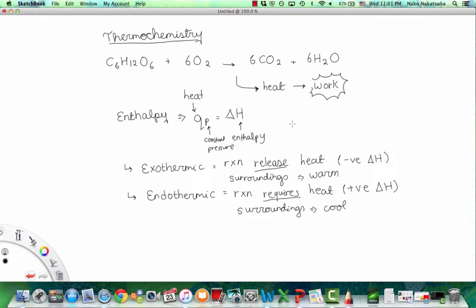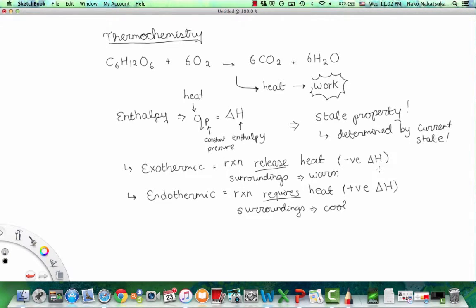So enthalpy is also known as a state property. What that means is that the value of enthalpy is determined by its current state, and it's not dependent on the path taken to obtain that state. Let me abbreviate that here for you. This is determined by current state and not by the path.